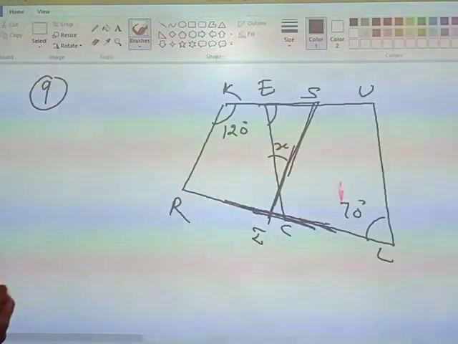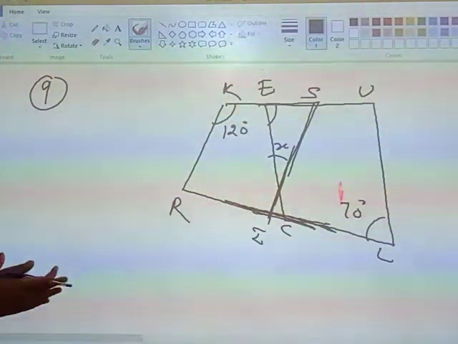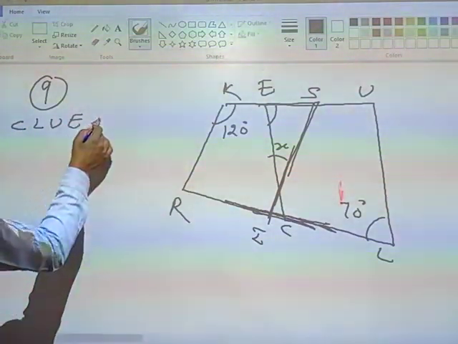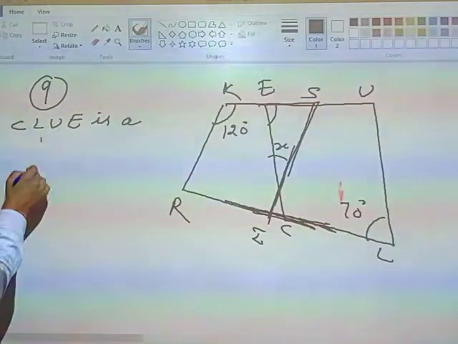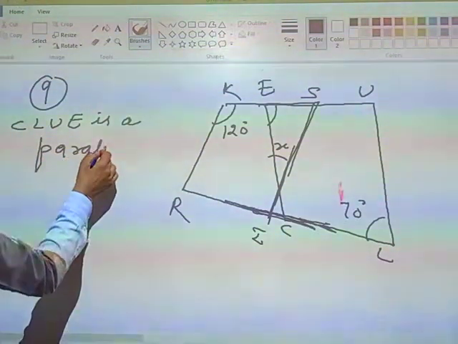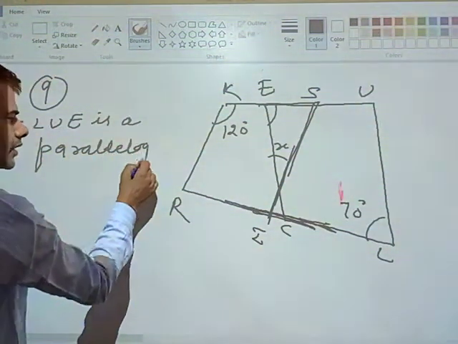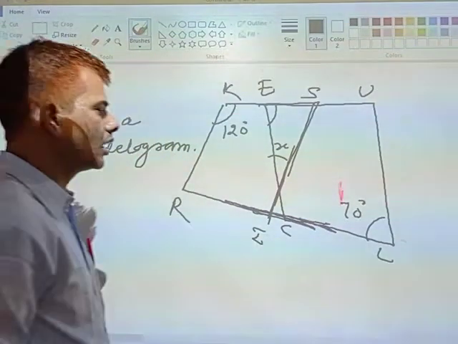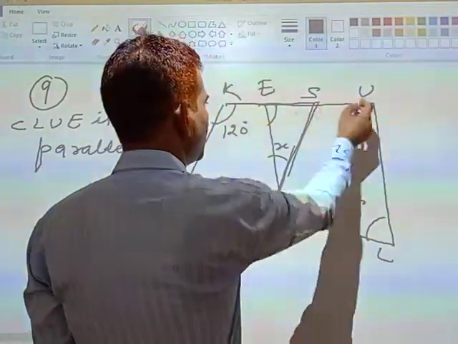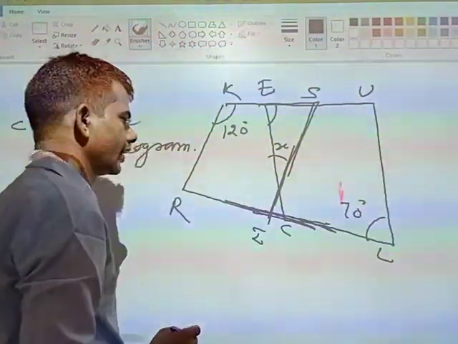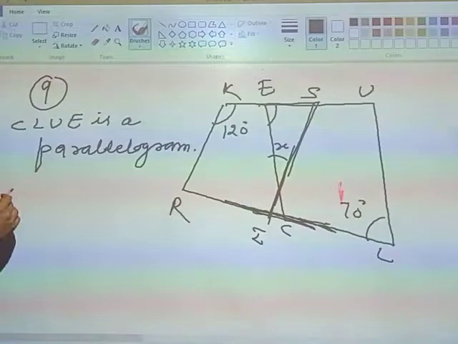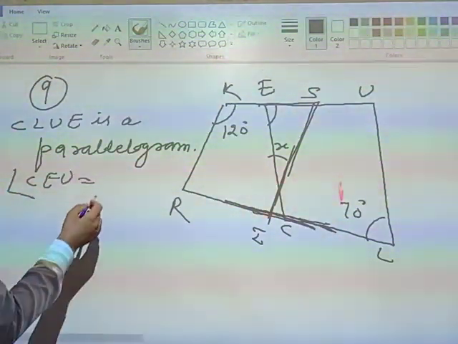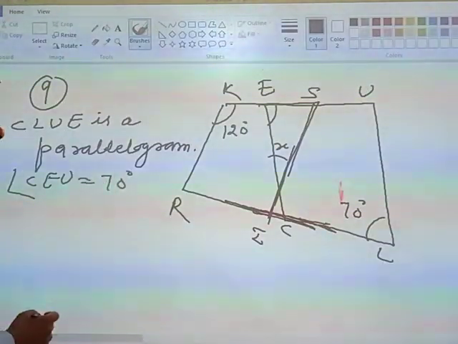Now, students, CLUE is a parallelogram, as you know it is given in the question. Angle CEU is 70 degrees. Why?